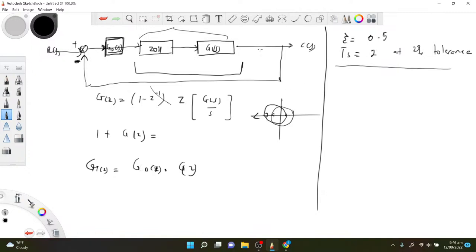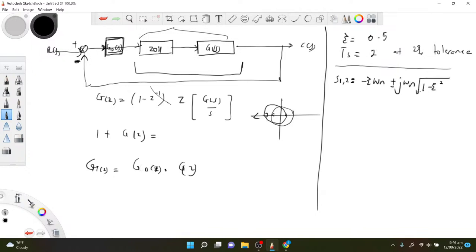Now we said that we want to design the system to have these specifications, right? Now we know that the roots of any second order underdamped system are given by minus zeta omega n plus or minus j omega n square root of 1 minus zeta squared.